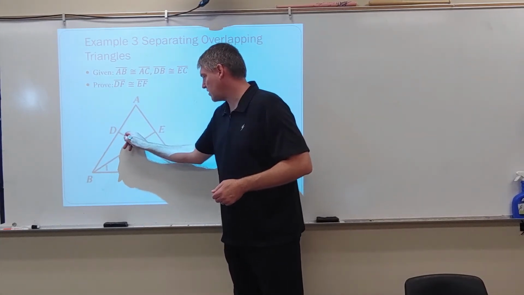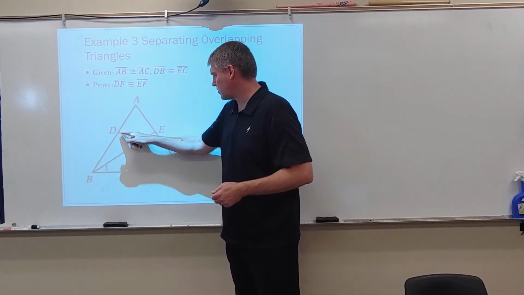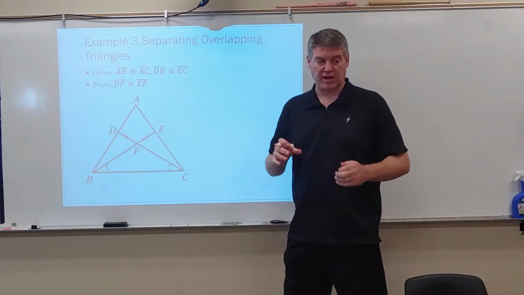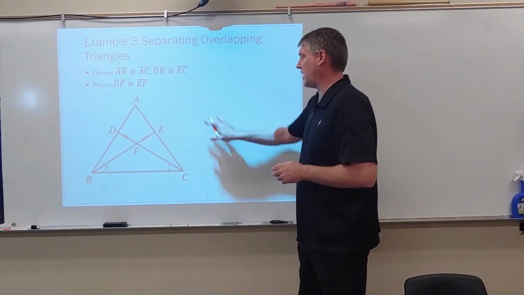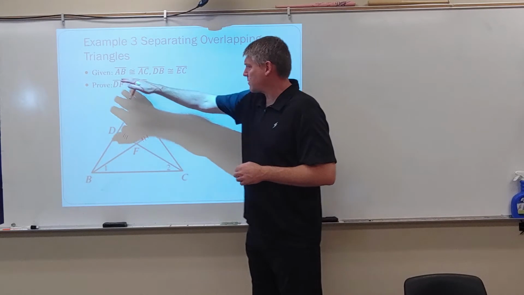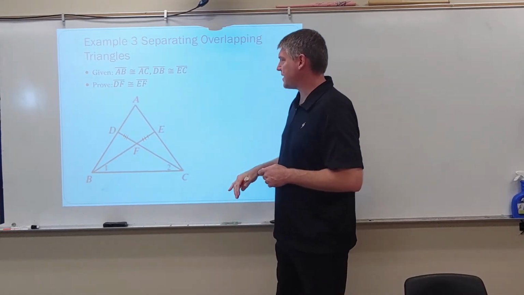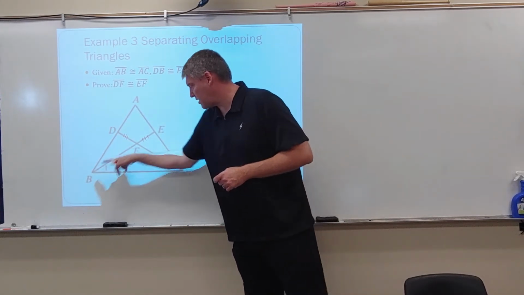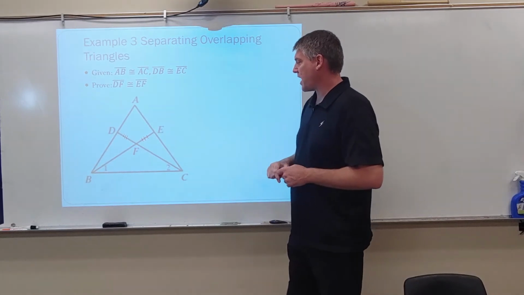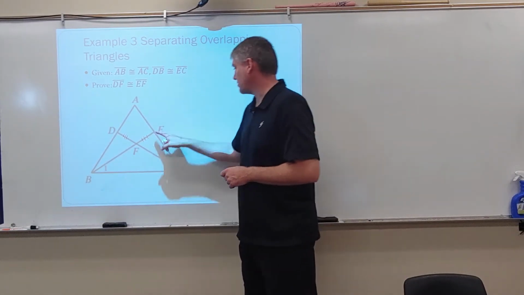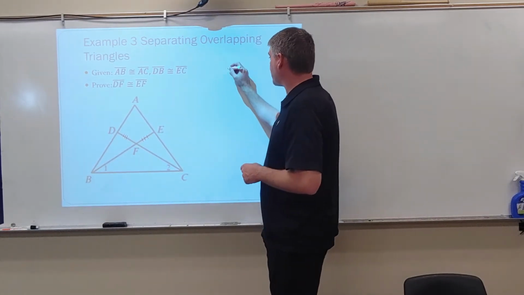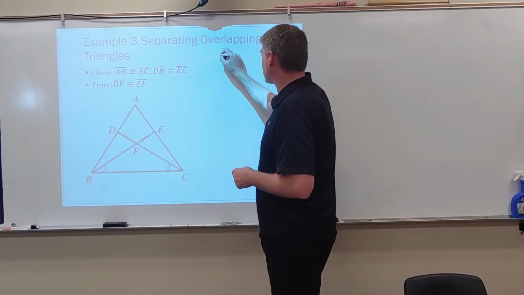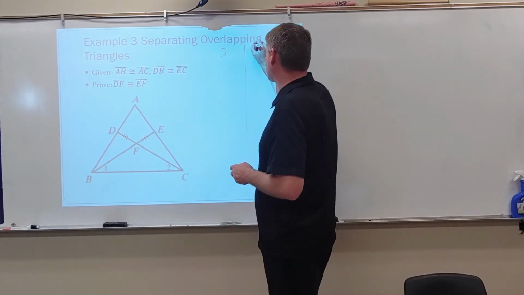We're really trying to show that these two little pieces here are congruent, okay? So that's what we're really trying to get at. We have given AB is congruent to AC, and DB is congruent to EC, all right?